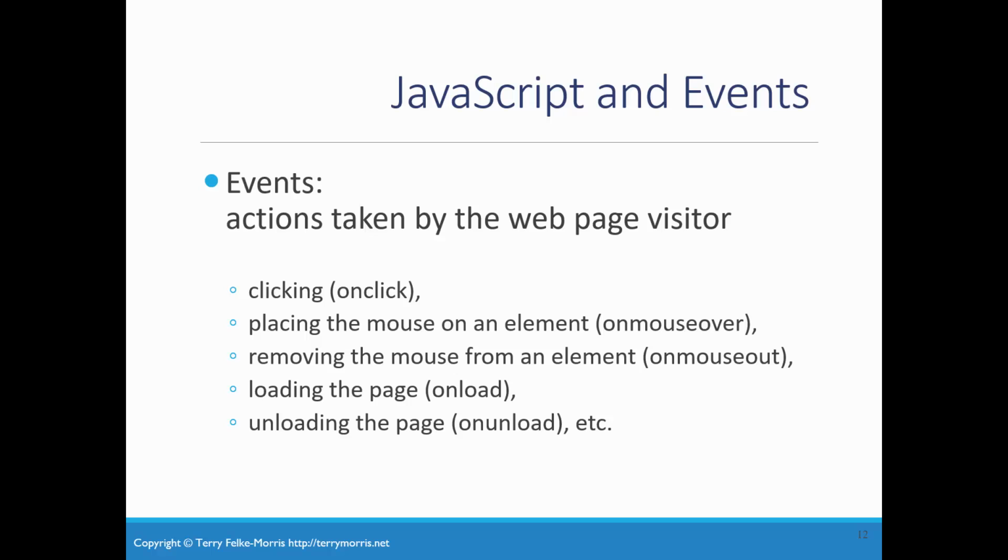For example, as you just saw in my example, I had a button on the screen that said run. The program didn't do anything until I clicked the run button. Once I clicked it, there was code associated with the onclick event for the button, so that code executed.